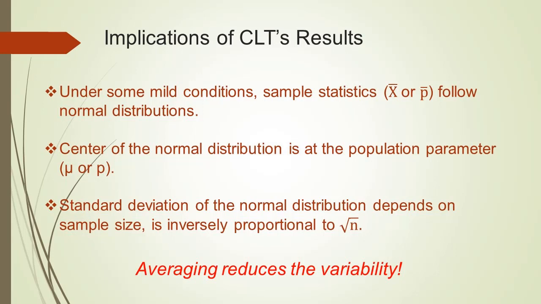CLT tells us that the standard error of sample averages of 100 x's is actually sigma over square root of n, that is 10 divided by square root of 100, that is 10 divided by 10, and that is 1. We can see that averaging reduces the variability from 10 to 1.